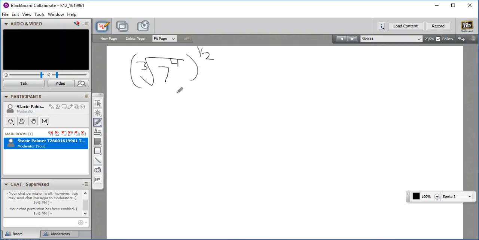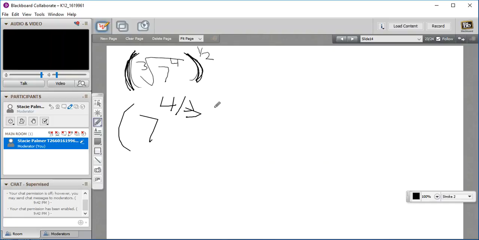Okay, this one's a little bit more tricky. So let's go ahead and do this one. We're going to do what's in the parentheses first. Okay, we always follow the order of operations. So we do what's in the parentheses first. To write the cube root of 7 to the 4th power in rational exponent form, this would get written as 7 to the 4/3.